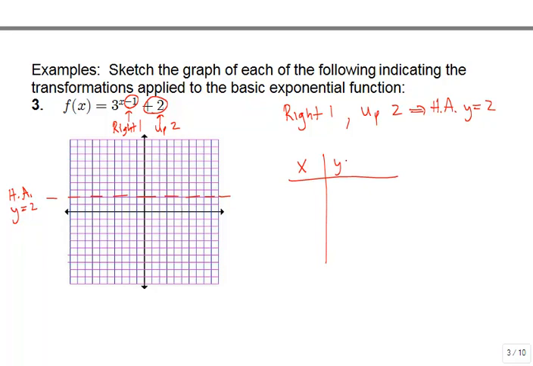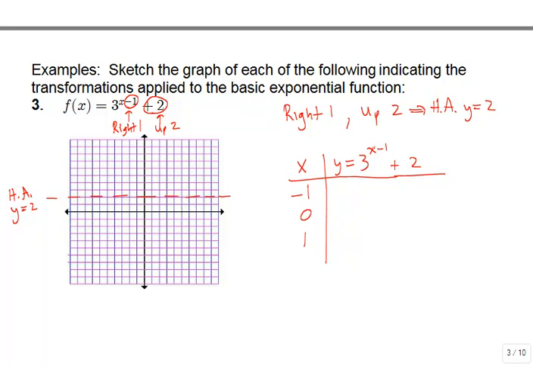You're always safe making a table, and I'm going to use this rule, 3 to the x minus 1 plus 2. And it's always safe to start off with -1, 0, and 1. And you can modify that if you like, and we will do so in just a moment. But for your first initial attempt at graphing, it's always sufficient to just use the 3 inputs, -1, 0, and 1, and then go from there.